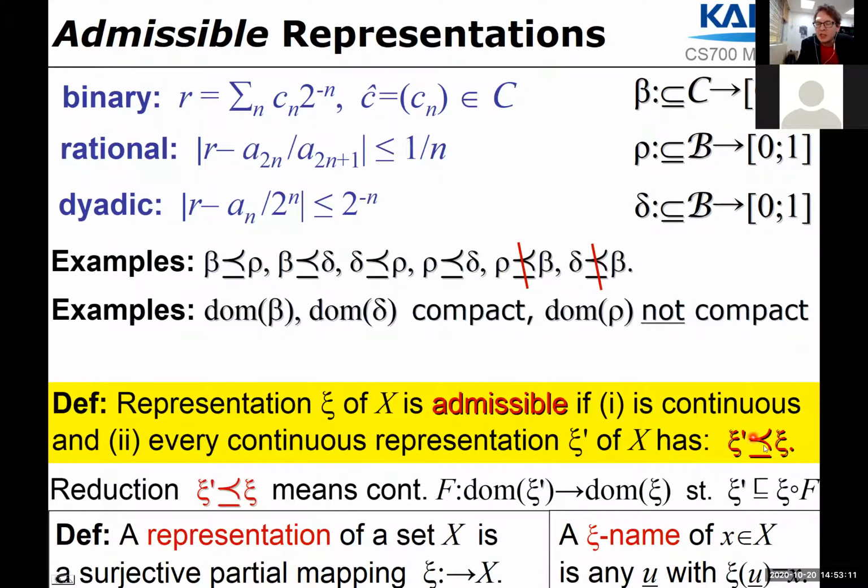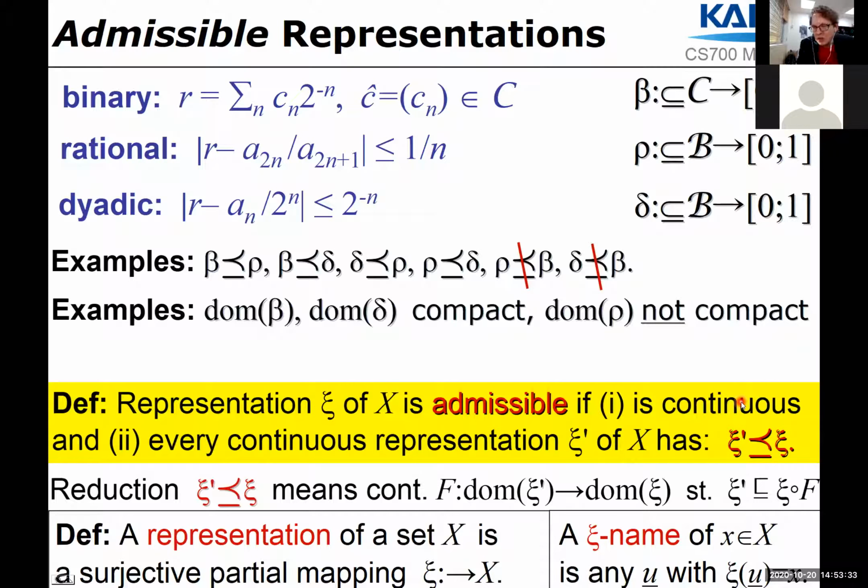With respect to this partial pre-order. So this is a partial order. Not any two representations are comparable in this sense. And also it's only a pre-order: if two representations can be reduced to one another, it doesn't necessarily mean that they are actually equal, right?